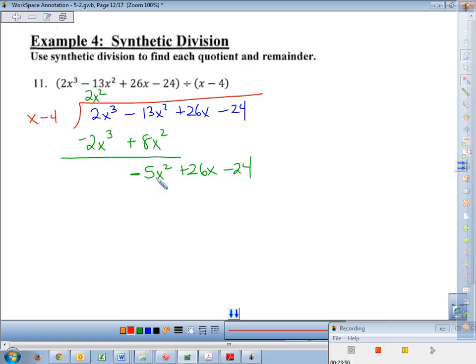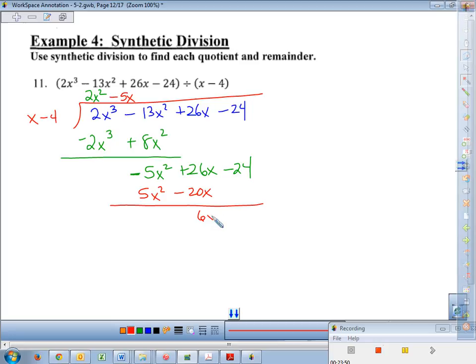That would be a negative 5x when we divide it. Correct? And then we multiply again. You know that's going to turn out to be 5x squared. This would be positive 20x, but you have to change the sign and get a negative 20x. And we add them up.